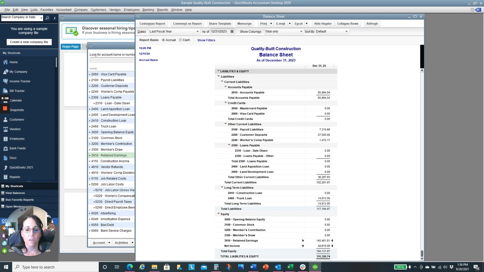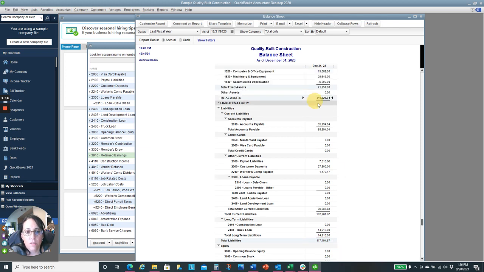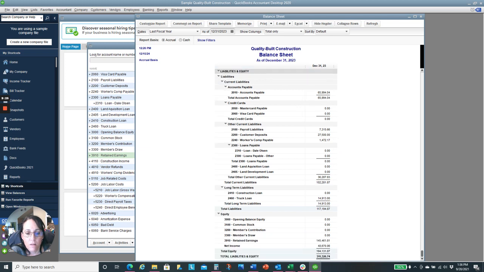So your total liabilities plus your equity should equal this number right here. And that's where you balance out. So it's assets equals liabilities plus equity. If you take this 194, let's just do it real quick together.